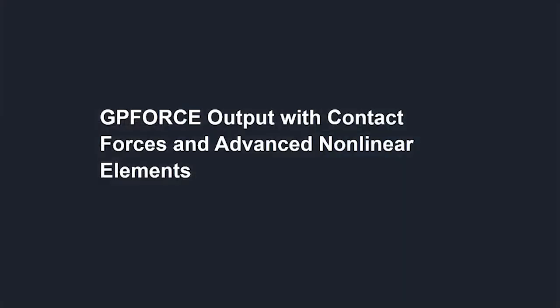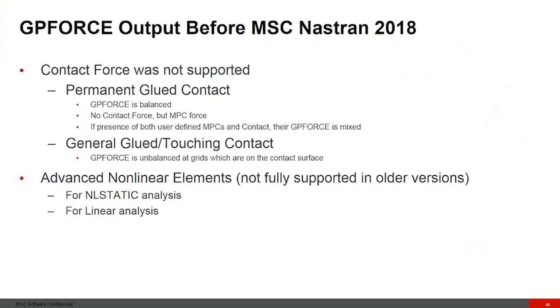So next, I'm going to talk about another enhancement that we have added to Nastran 2018. That's for our GPFORCE output with contact forces and also advanced nonlinear elements. So before, we did not include the contact force separately in the GPFORCE output table.